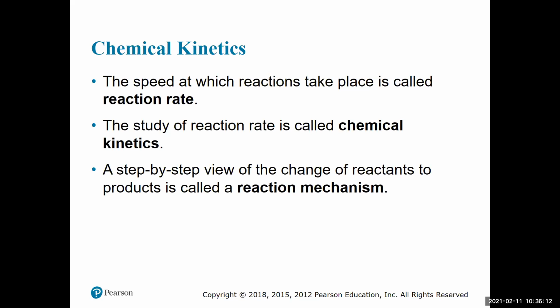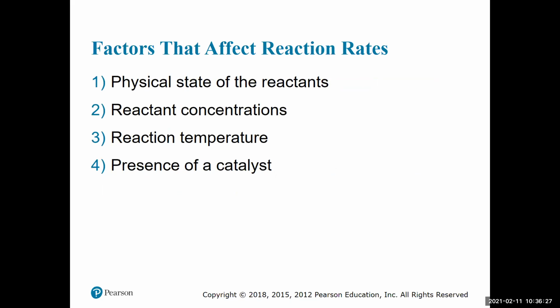So one of the things we're interested in in chemical kinetics is understanding the rates of reactions, not only of the whole reaction, but also those intermediate steps as well. When we talk about reaction rates, there's four things we're going to discuss that can affect the rate, whether it's the overall reaction or the steps in between.